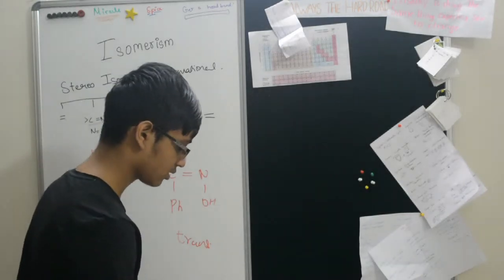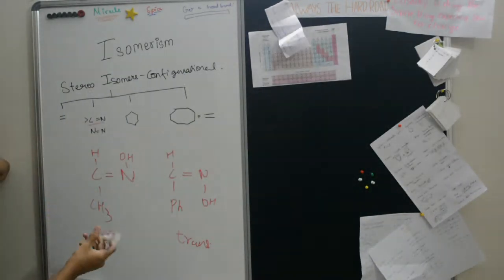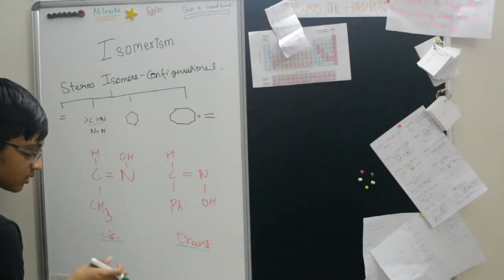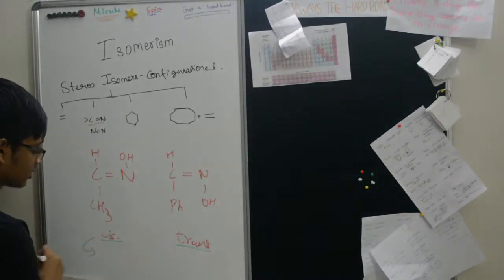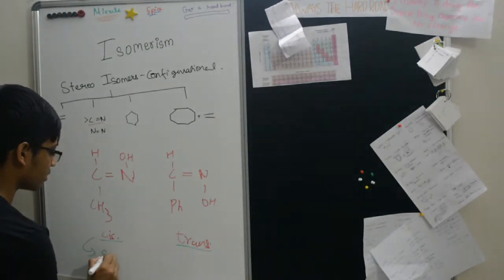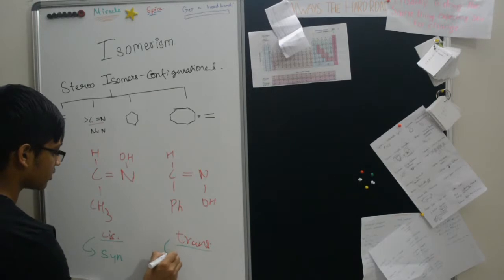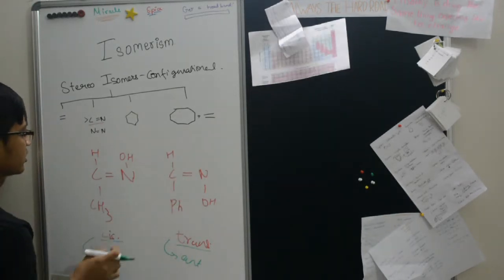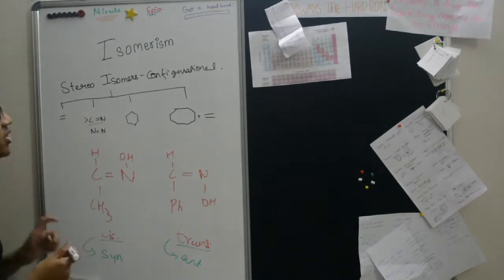Similar. But the thing is, they don't have the names cis and trans. Only the double bond systems will have cis and trans. What they have over here is syn and anti. This right here would be anti. Anti, you can remember it easily because they are on opposite sides. Syn, you can remember because it's on the same side.